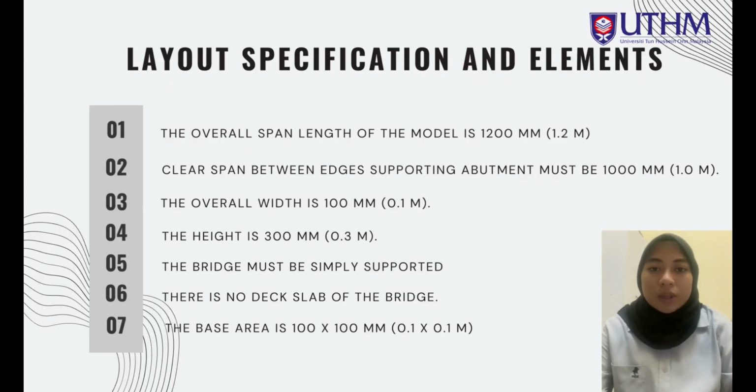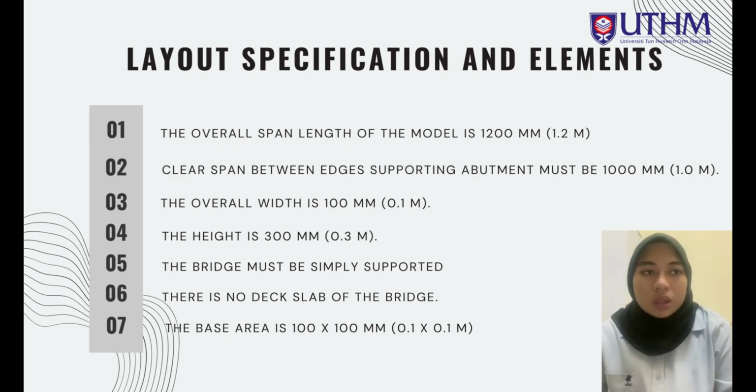Hi, Assalamualaikum. My name is Nur Hazika binti Muhammad. My matric number is DF210041. So for our bridge, the specification elements that we use are: the overall span length of the model is 1200 millimeter, and the span between each support must be 1000 millimeter.